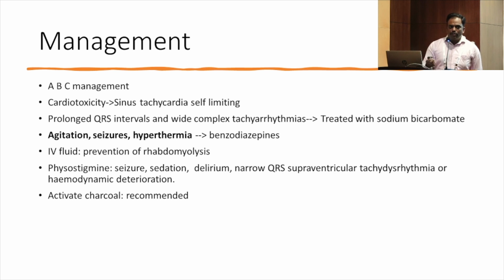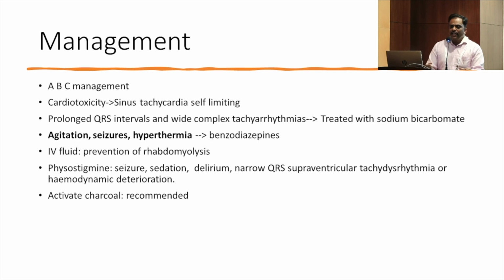The role of the cholinergic agent, that is physostigmine, is used whenever your seizures or delirium are not getting controlled with benzodiazepines. Even with the benzodiazepines, if you are not able to control these things, then you use physostigmine. It is used if there is a narrow QRS complex or supraventricular tachyarrhythmias; in a wide complex, it might precipitate VT.